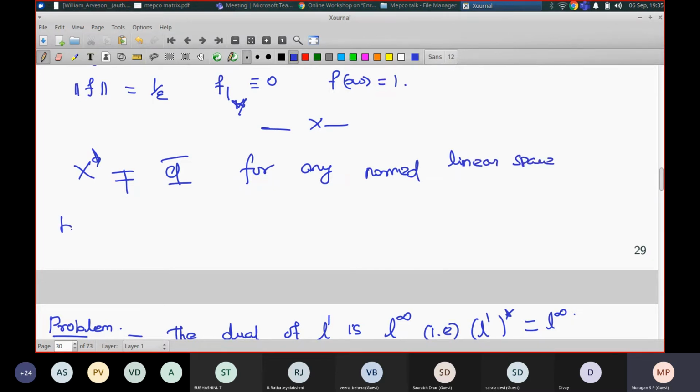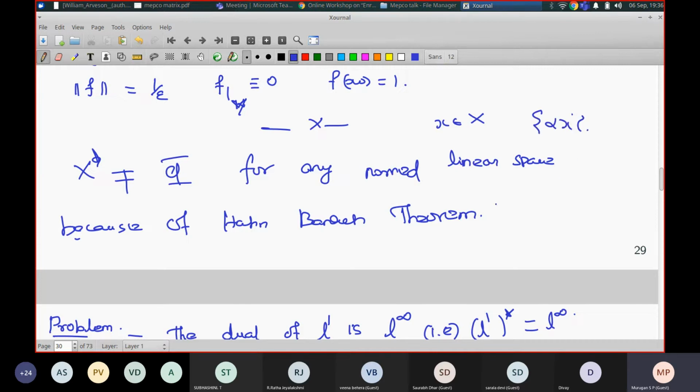Because of the Hahn-Banach theorem. Because you take a vector x belonging to X, consider the one-dimensional vector space, and define a linear map.